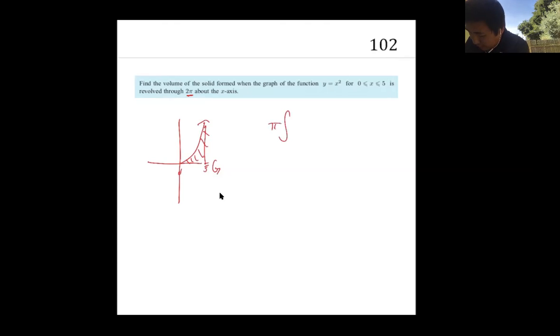So the integral of pi from 0 to 5 of (x squared) squared dx.